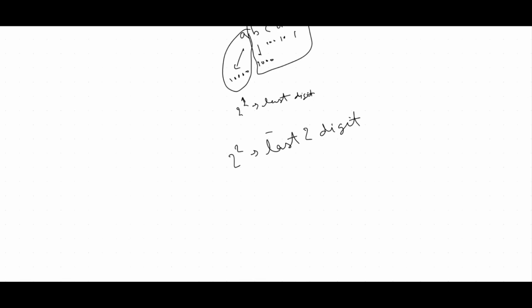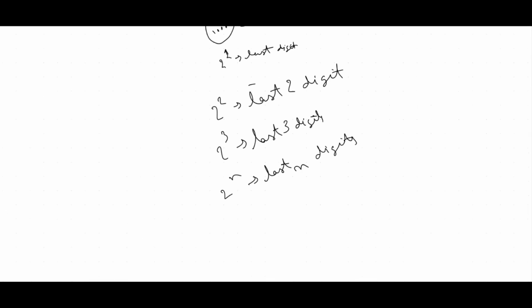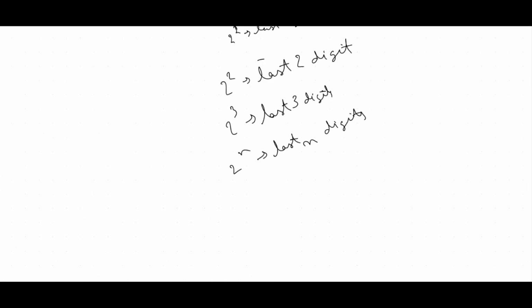For 2 to the power 3, you should check the last three digits. And for 2 to the power n, you should check the last n digits. So for 2 to the power n, the last n digits must be divisible by 2 to the power n. And this is the generalized formula.